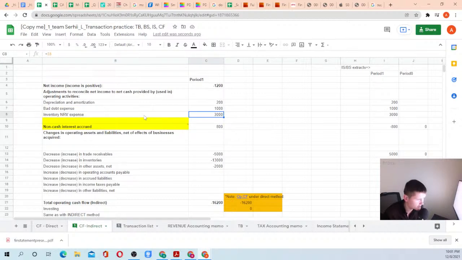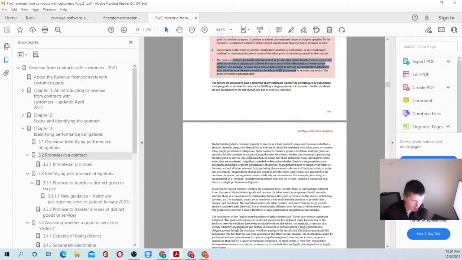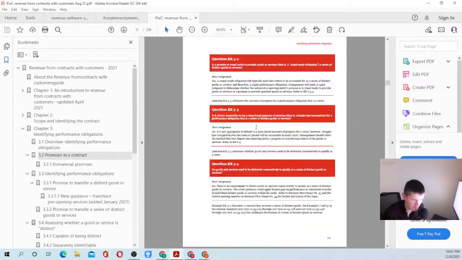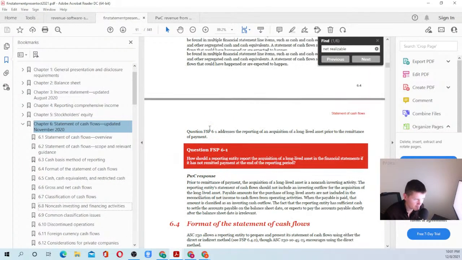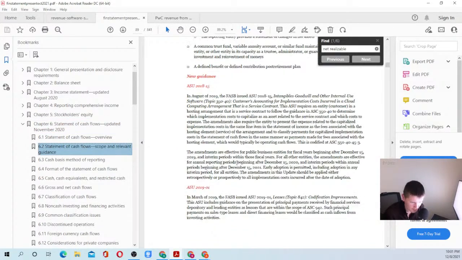So inventory provision is a non-cash movement, and it kind of has a similar substance as bad debt expense. So I don't really know why they didn't list it here. I'm certain that I've seen it in different companies in the reconciling item, but it is what it is.